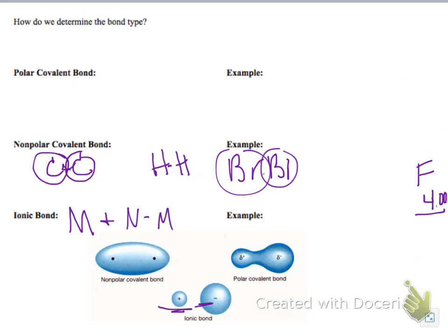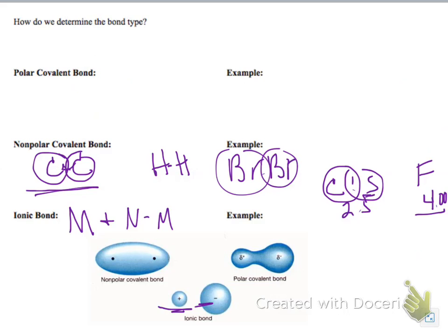But if you look on that table, you'll see that, for instance, C and S both have a value of 2.5. So even though they're not the same atom, they're going to pull equally on that electron pair that they share. So a non-polar covalent bond is when there's no difference in the pulling ability, or the electronegativity, of the atoms, or essentially no difference.